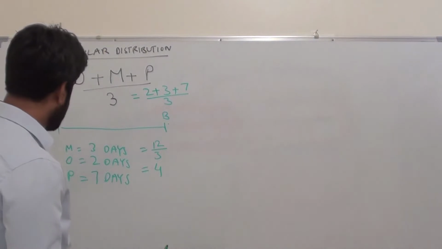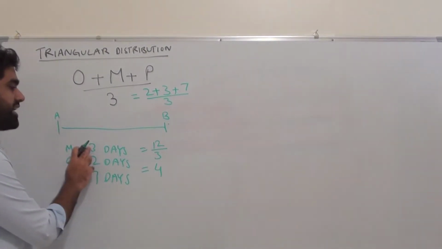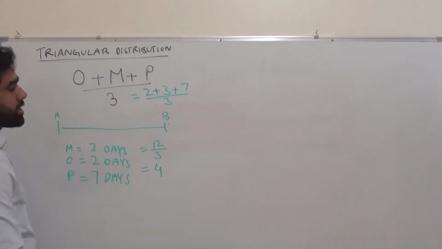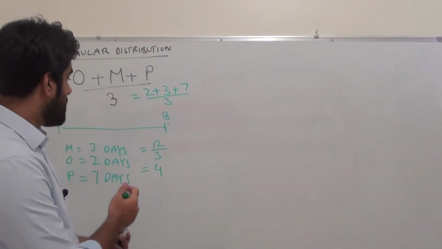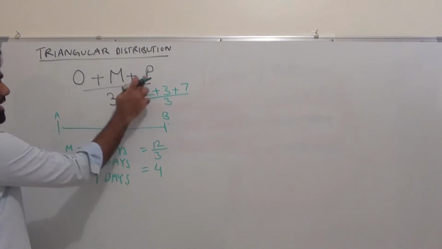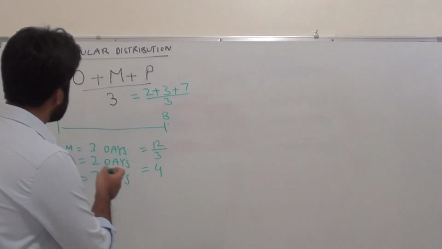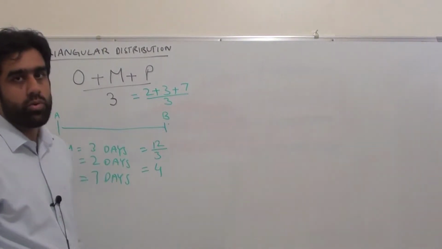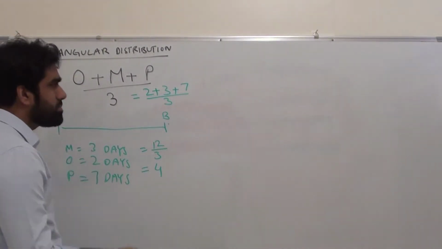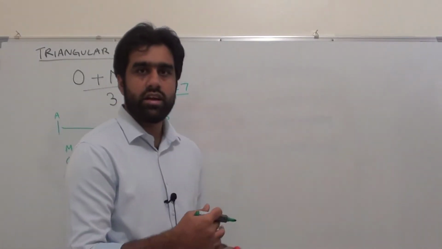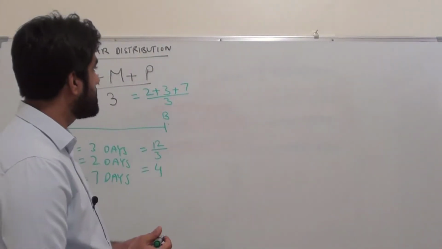Now here you see the most likely was 3 days, but we will assign 4 days to this activity using triangular distribution because we considered optimistic and pessimistic in this scenario, which was not the case in the critical path method. In the critical path method, we would have given 3 days to this activity. So this is a very simple formula. You just add these 3 different parameters and divide by 3.